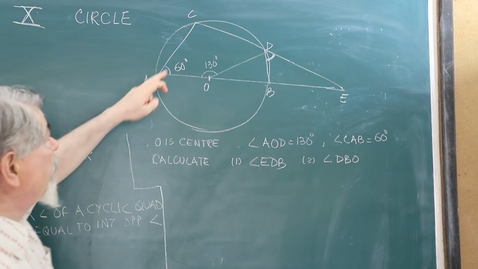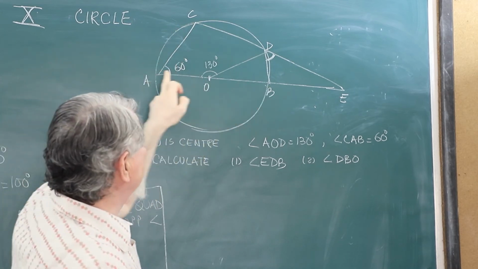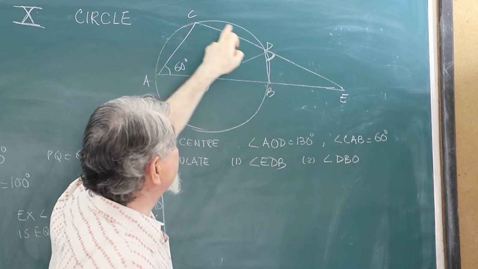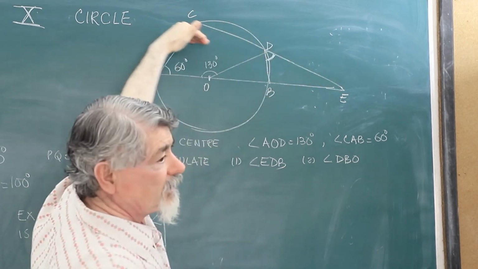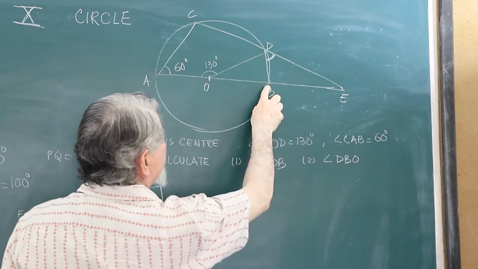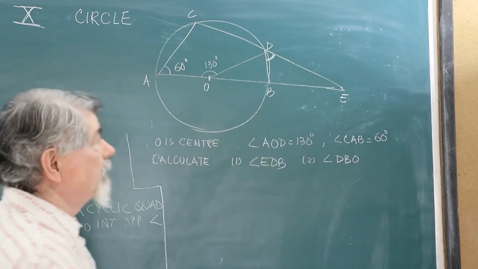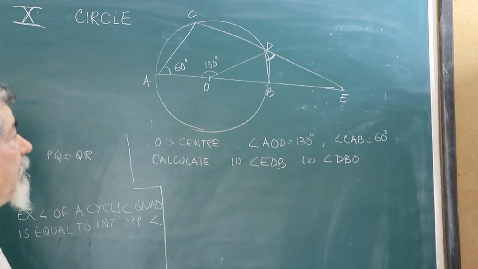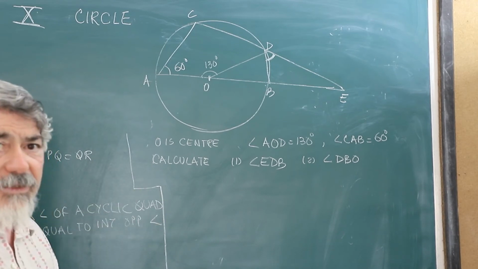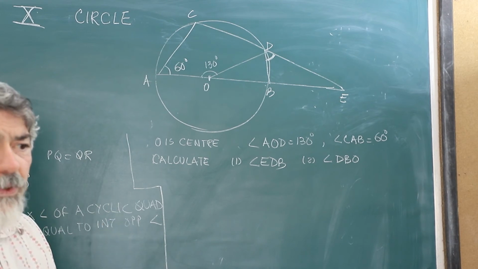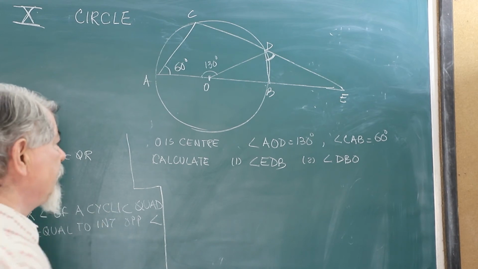If you look at the cyclic quadrilateral ABDC, side CD has been extended. So I have got BDC as the exterior angle. The exterior angle of the cyclic quadrilateral will be equal to the opposite interior angle.